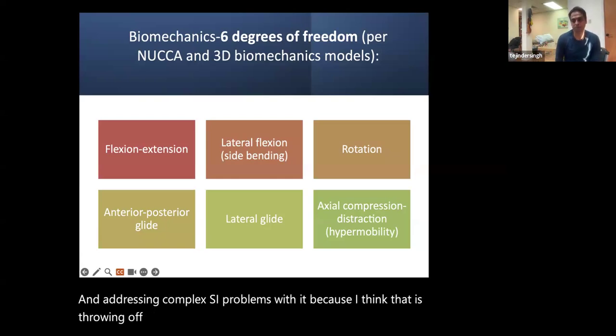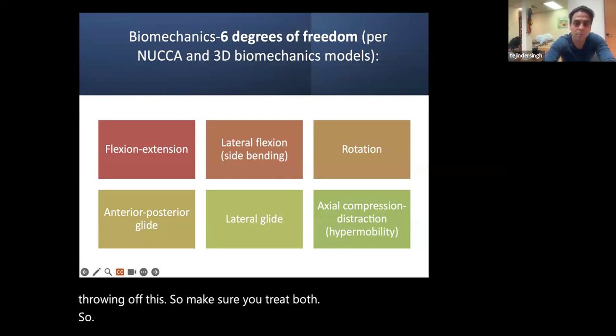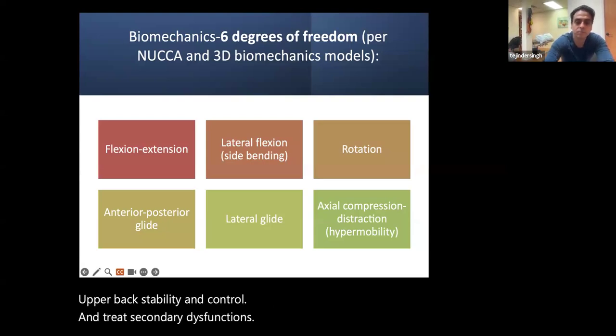So make sure you treat both. Okay. So upper back stability and control, and treat secondary dysfunctions in pelvis and thoracic spine.